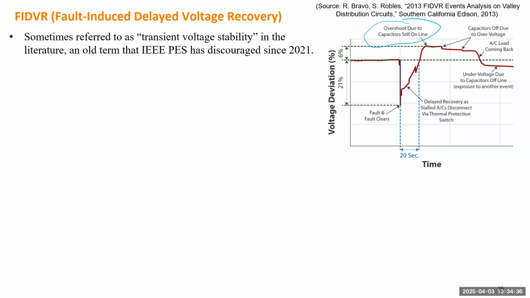It does provide additional VAR to support voltage, but the voltage will stay higher. Then they switch off the capacitor, but then the voltage will drop below the nominal value. If you have a dynamic controller, like a synchronous condenser or SVC, that will be able to mitigate this issue. The voltage drop can recover faster, and it will stay around the nominal value.